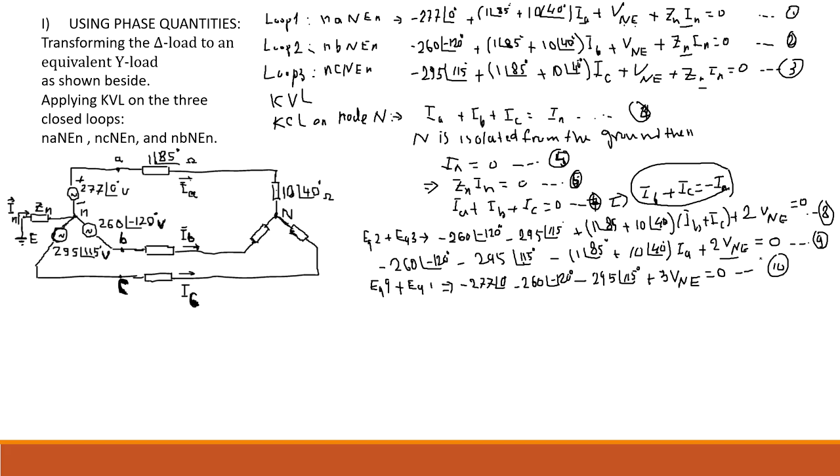This is equation number 10, from which we can write that VNE is equal to 1 divided by 3 multiplied by the voltage of phase A plus the voltage of phase B plus the voltage of phase C.